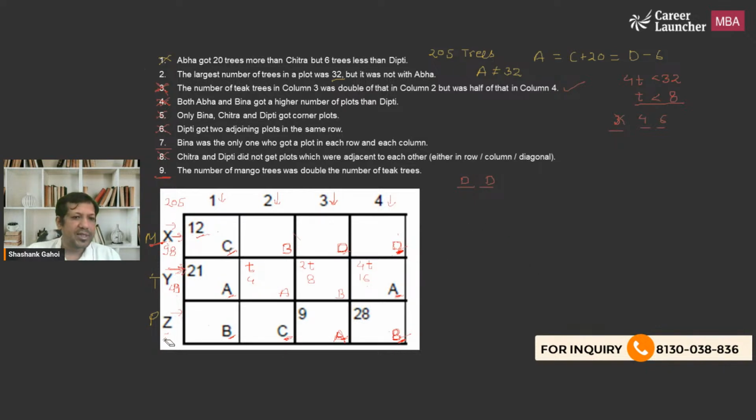And we'll check with 6 and see whether it works out or not. So now I'm going to plug in T equal to 6. This is 6, this is 12, and this is 6 4s are 24. So 42 plus 21 is 63.